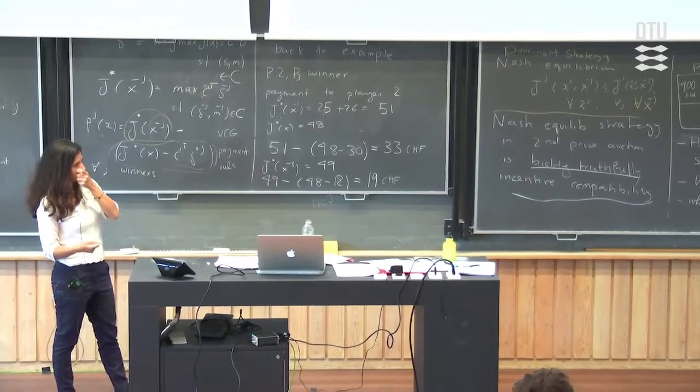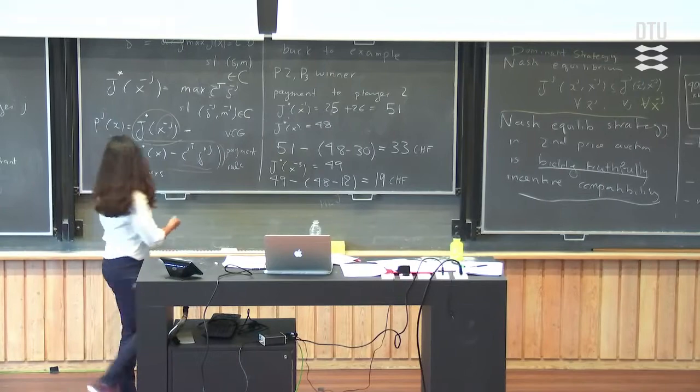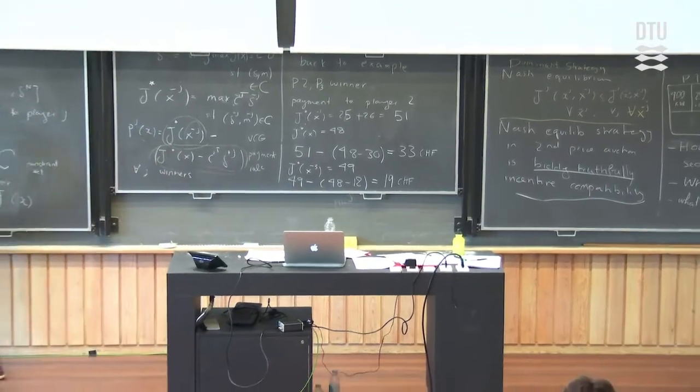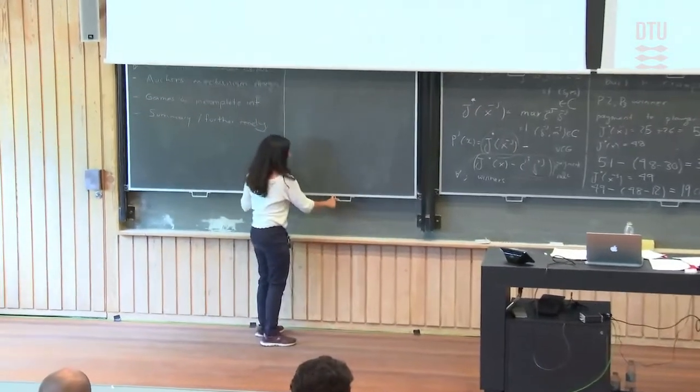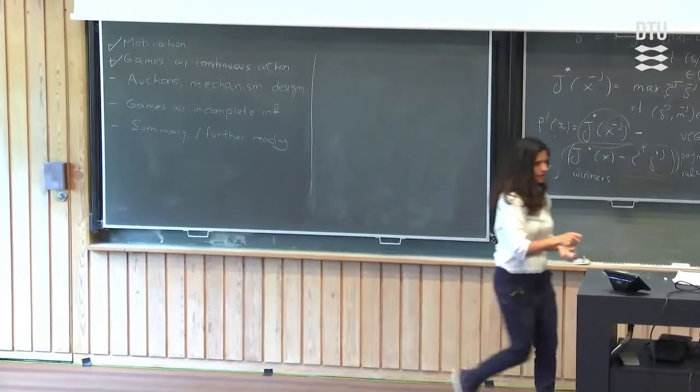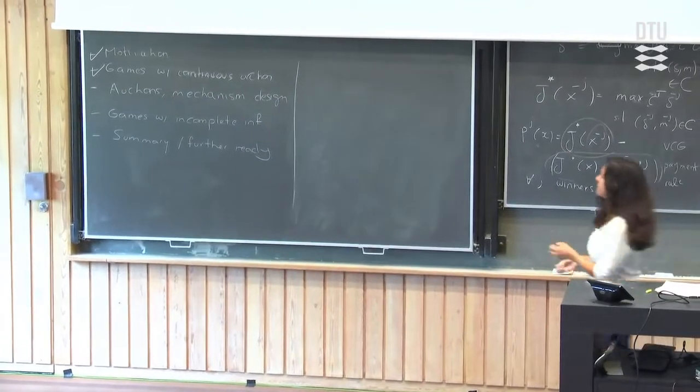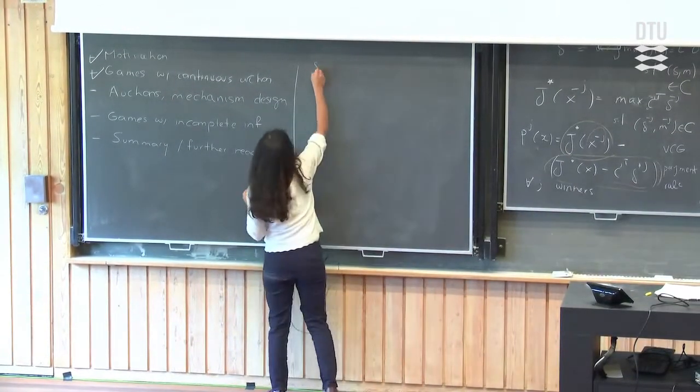But okay, another property is the price recovery. And then finally, I want to briefly talk about social welfare maximization, because it's another thing we want from a mechanism.